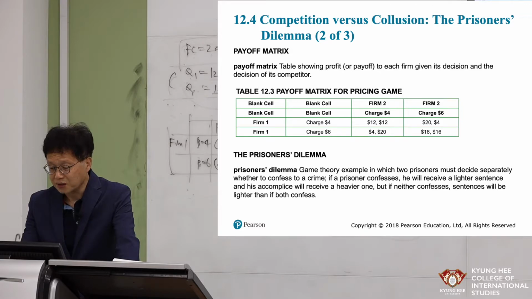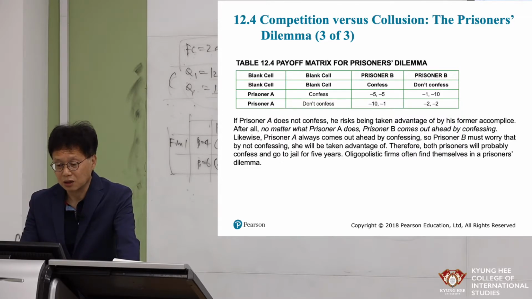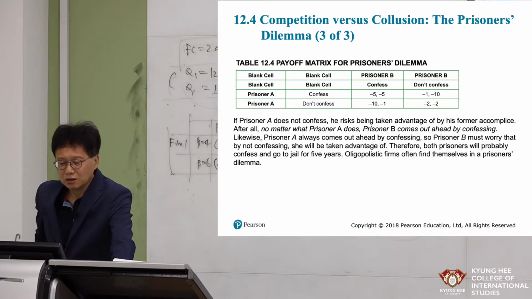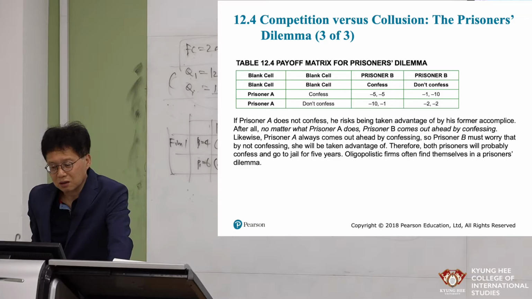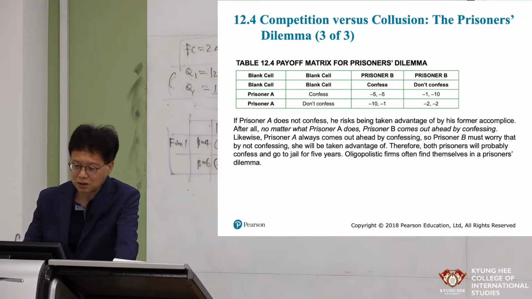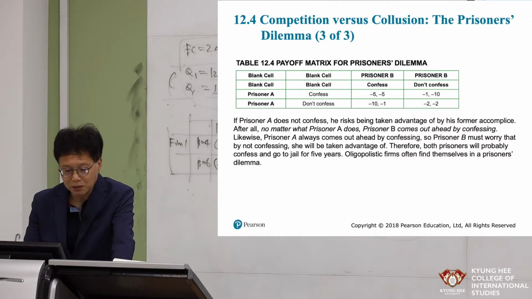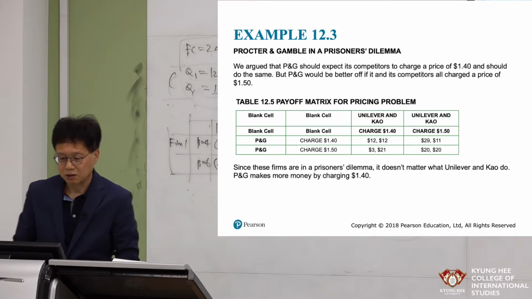But if neither confesses, sentences will be lighter than if both confess. Okay, prisoner's dilemma. You already studied this repeatedly in Introduction to Economics, International Trade, Political Science and so on, right? So I'd like to skip slide number 31.